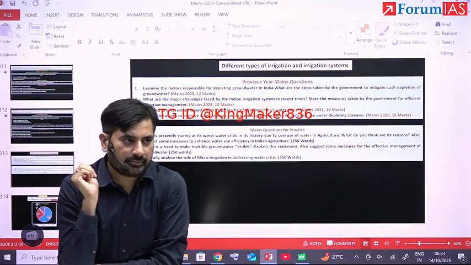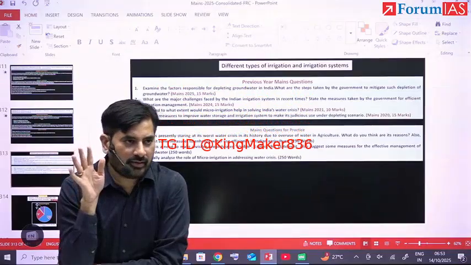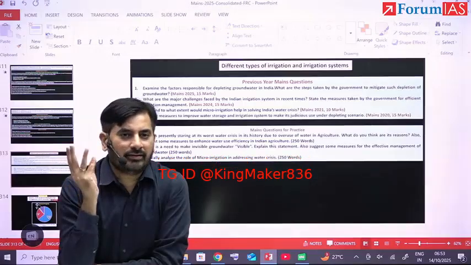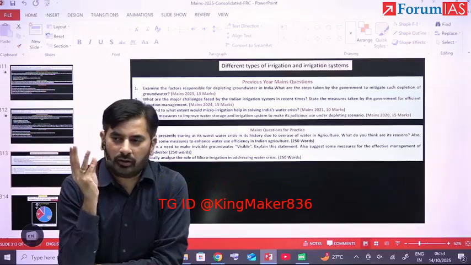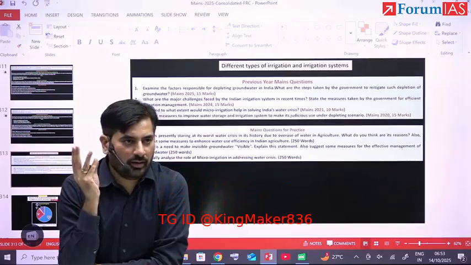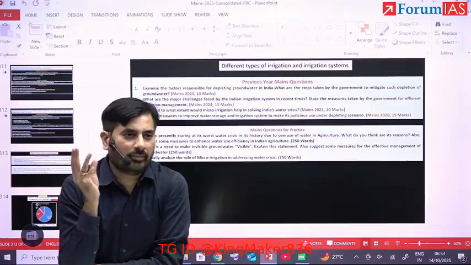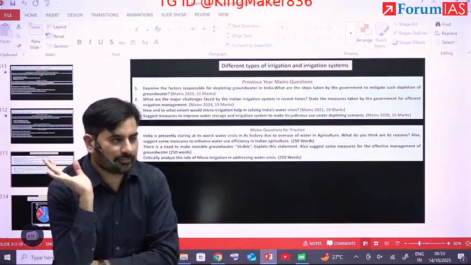Do you know the present status of groundwater? India is the world's largest extractor of groundwater, accounting for 25% of the global groundwater extraction. Groundwater accounts for 60% of the total irrigation in India. That is the present status. So write down.